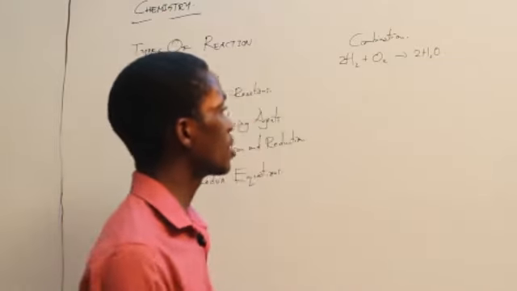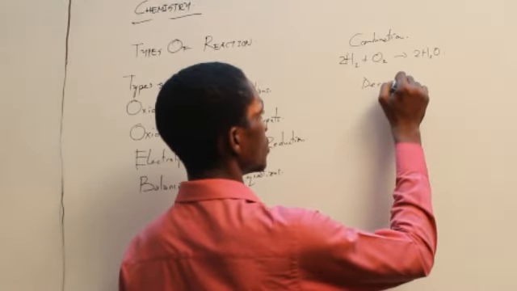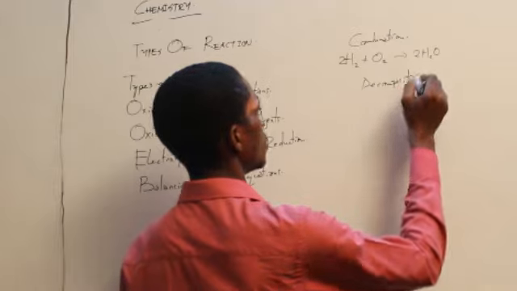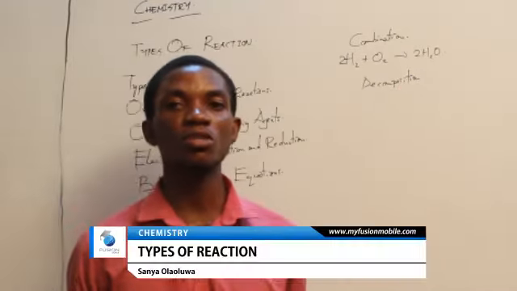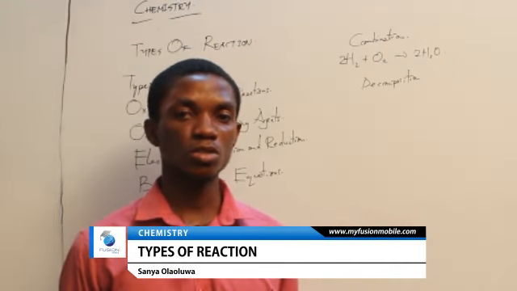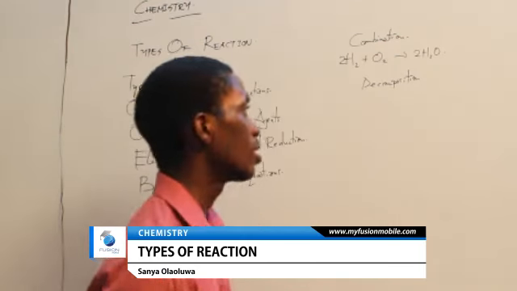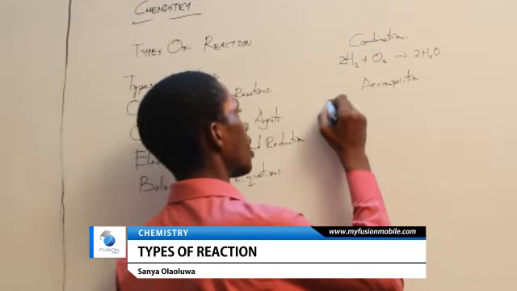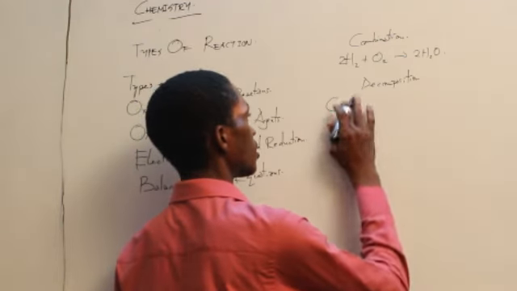Also, we have what we know as the decomposition reaction. Decomposition reaction is simply a particular thing breaking down into two or more substances. For example, let's take calcium nitrate.